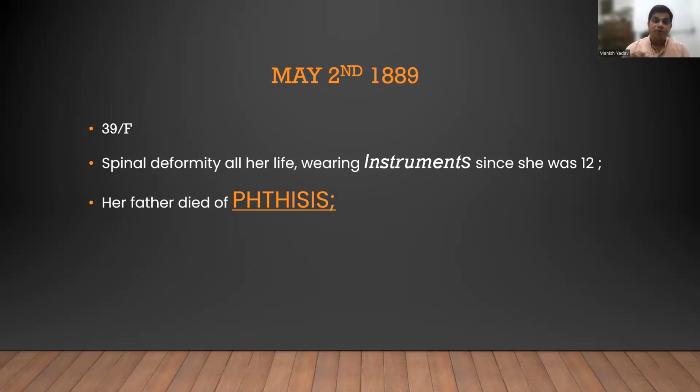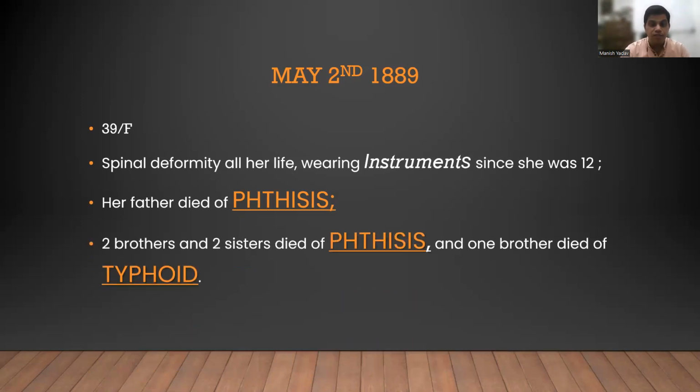Now you can see, the father died of phthisis, tuberculosis. Two brothers and two sisters also died of tuberculosis, and one brother died of typhoid. Now, are you understanding? This information is so important. This observation you can still find in your own practice.